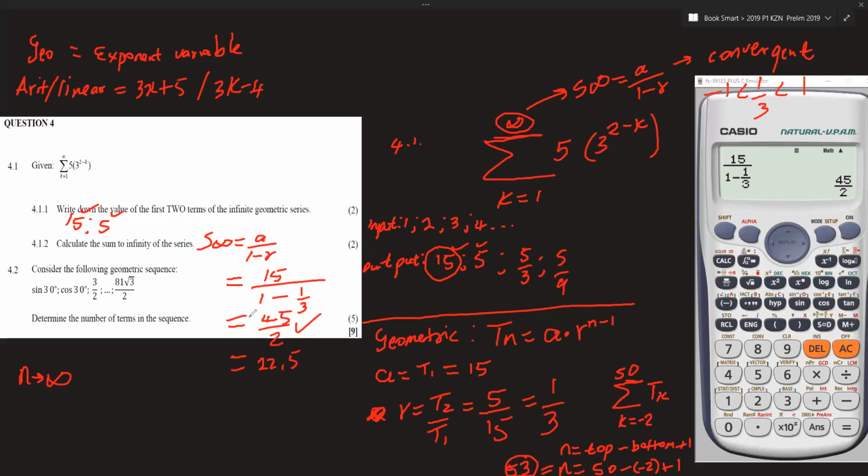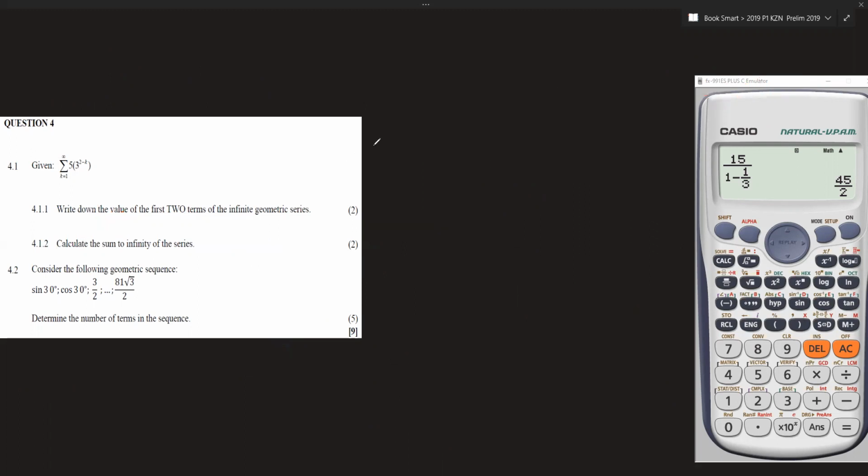Now we're going to look at 4.2. So I'm going to clear all drawings. On 4.2, I have sine 30, cos 30. But I know that sine 30 is half.